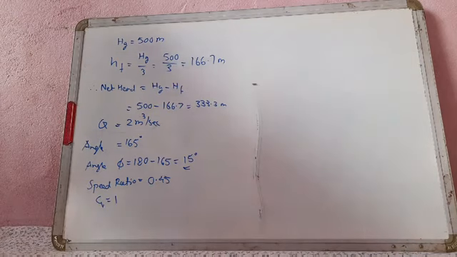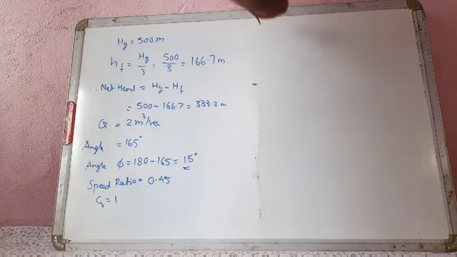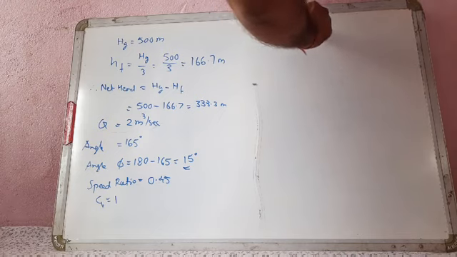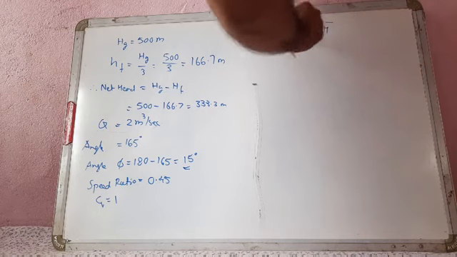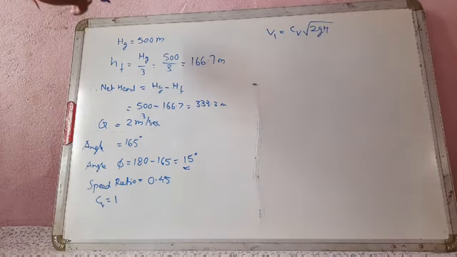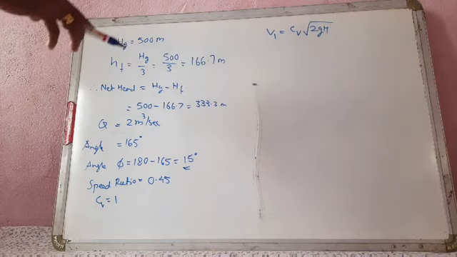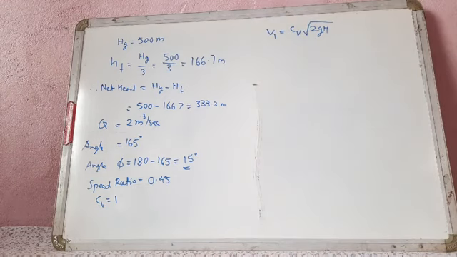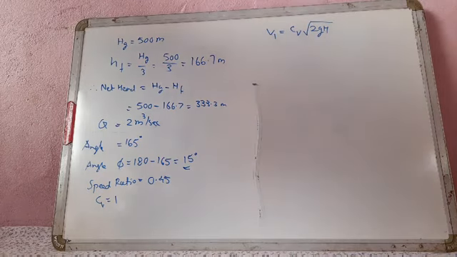Now we have to calculate the velocity of jet. V1 equal to CV root 2gH. This data given, it is better if we write in concise form on one side, then start solving the question. At that time we don't forget anything, we will not miss any of the points.